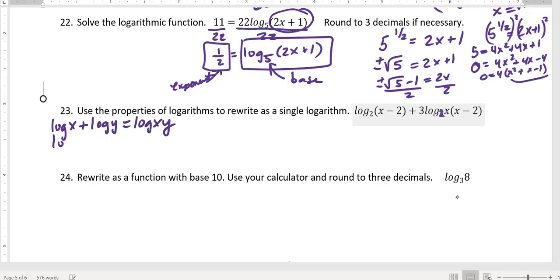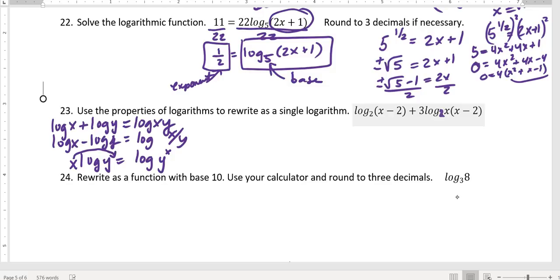That's the first one. Log of x minus log of y is equal to log of x divided by y. And the third one is x times log of y. That one, you just move the number in the front as the exponent. So those are a couple to review.